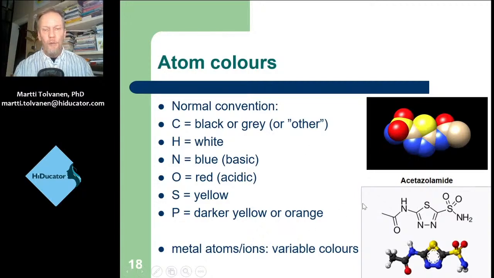And likewise, phosphorus is kind of yellow or orange in its physical appearance, and that's the same color in the molecular graphics. And then carbons in the upper image are shown in gray, and they are darker gray or black in the lower image.